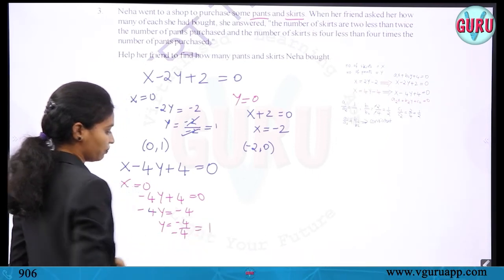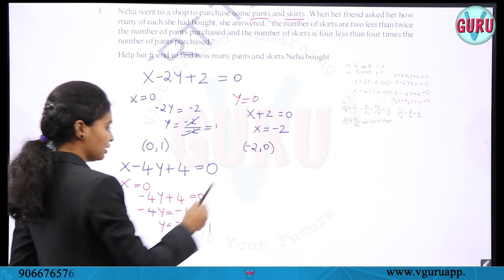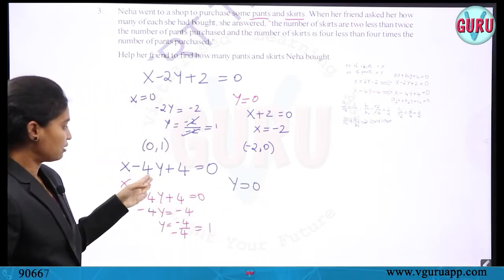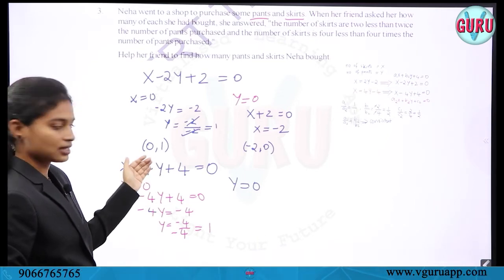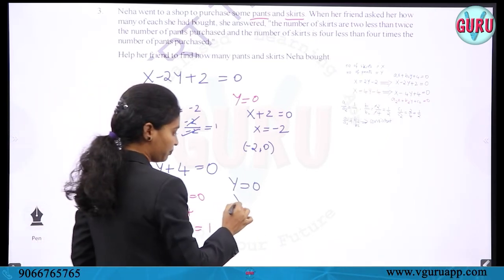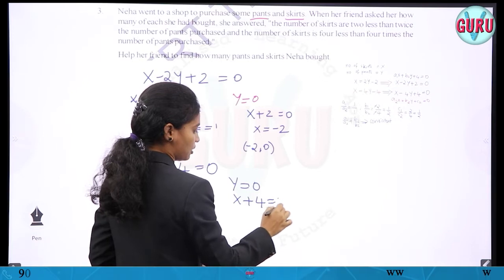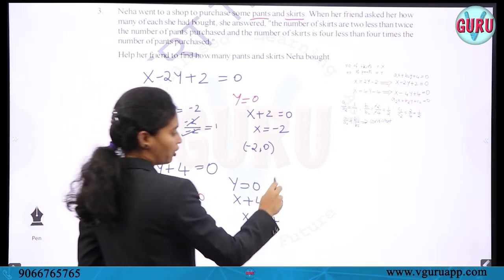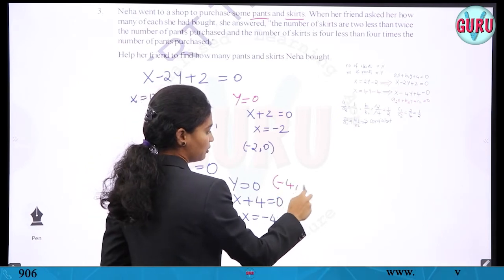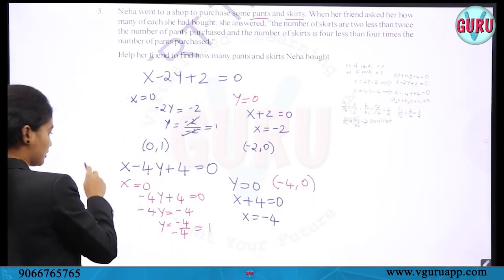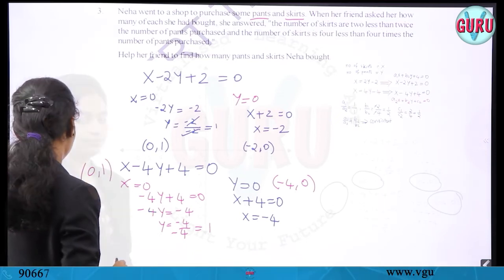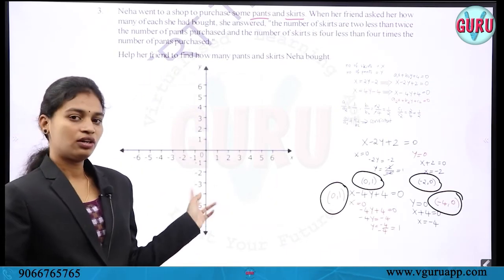This is equals to 1. Now I will take y is equals to 0. On taking y is equals to 0, this total term gets 0. Therefore, x plus 4 is equals to 0. X is equals to minus 4. So the point here is minus 4, 0 and the point here is 0, 1. So for the two equations, we got 2 points.